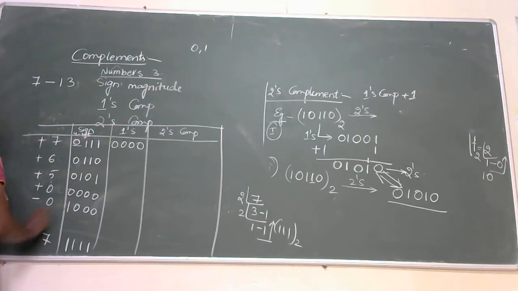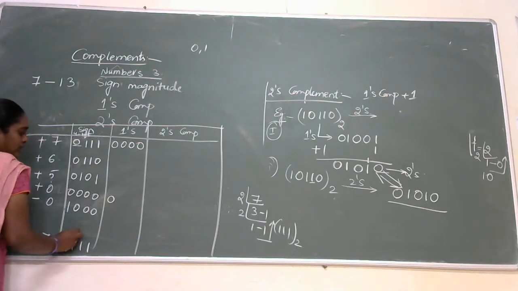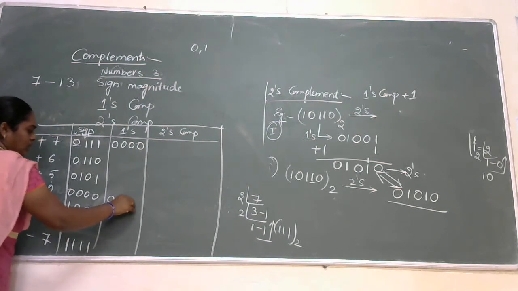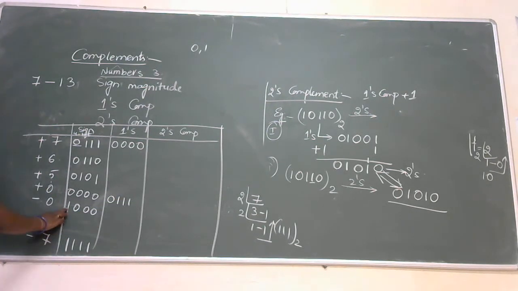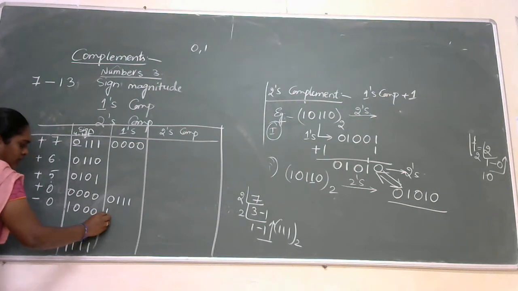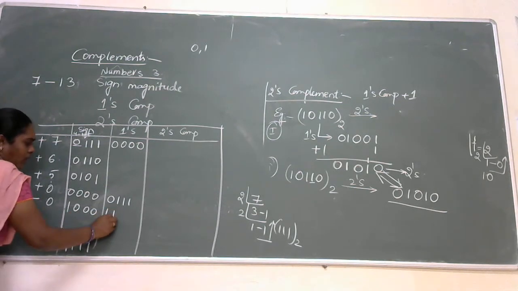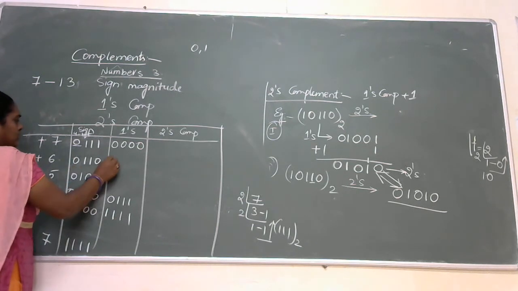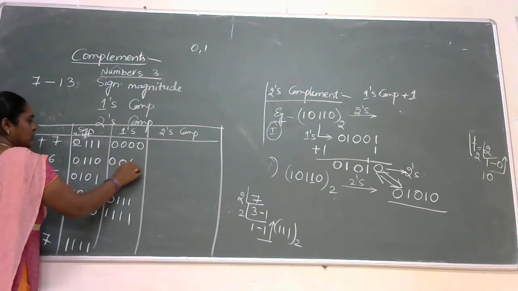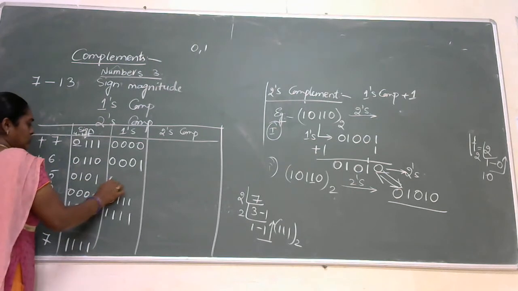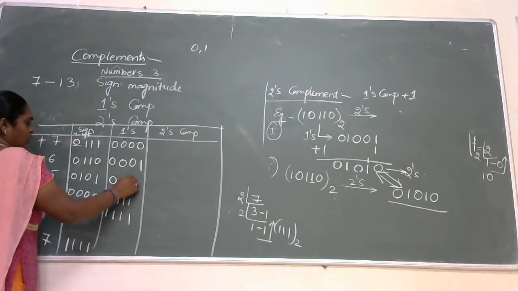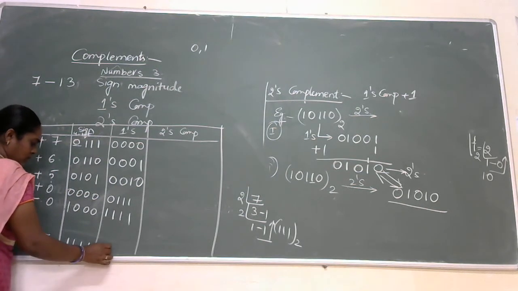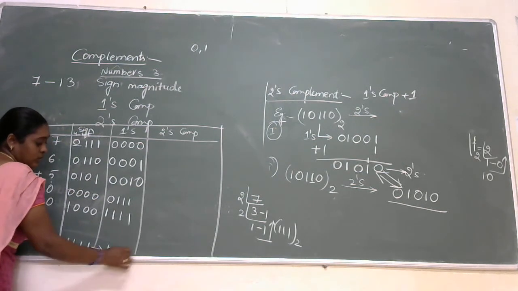Similarly, for this one it will be 0 followed by triple 1. Here this is 1, all 1's. For plus 6, it is 0, 0, 0, 1. This is 0, 0, 1, 0. Similarly, this will become 1, 0, 0, 0.